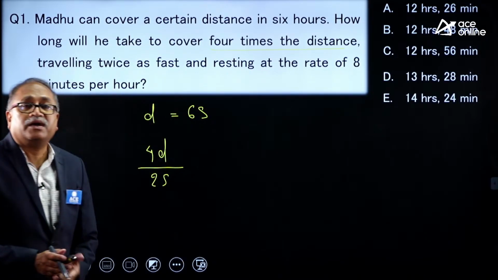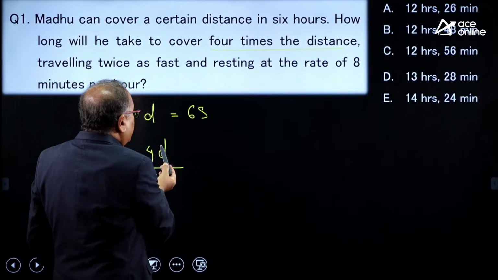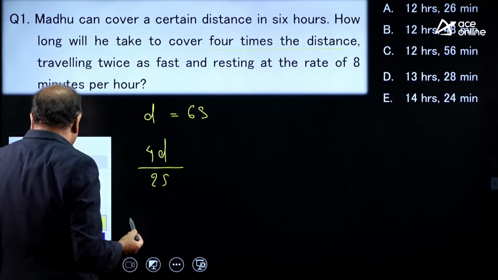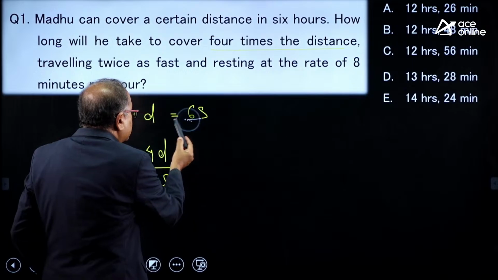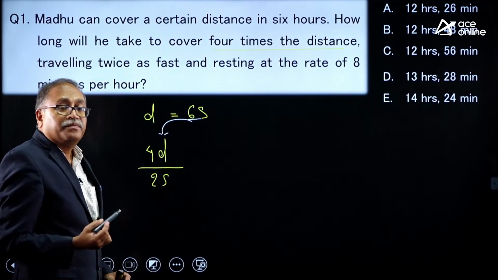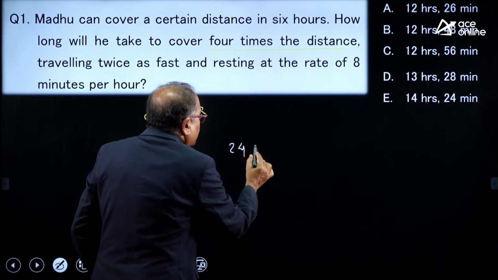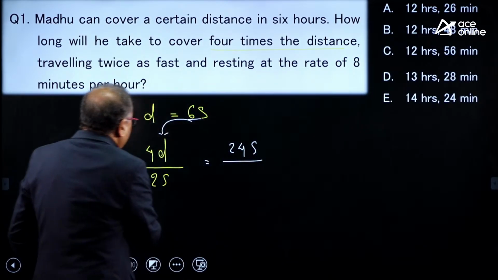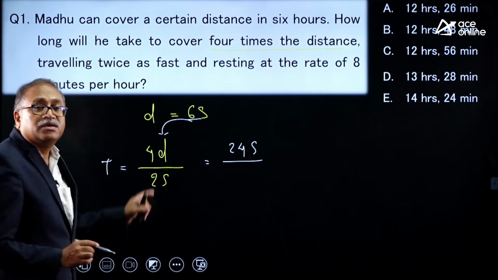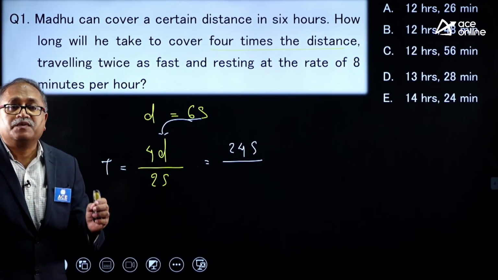Now, I answer this question here. Can I replace this d with 6s? Then what happens here? 4 times 6 is 24. So, I will write this as 24s divided by, we need the time, and time is equal to distance by speed.